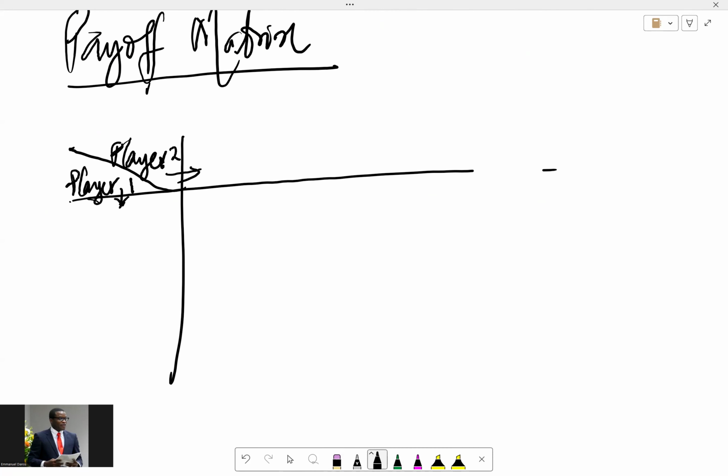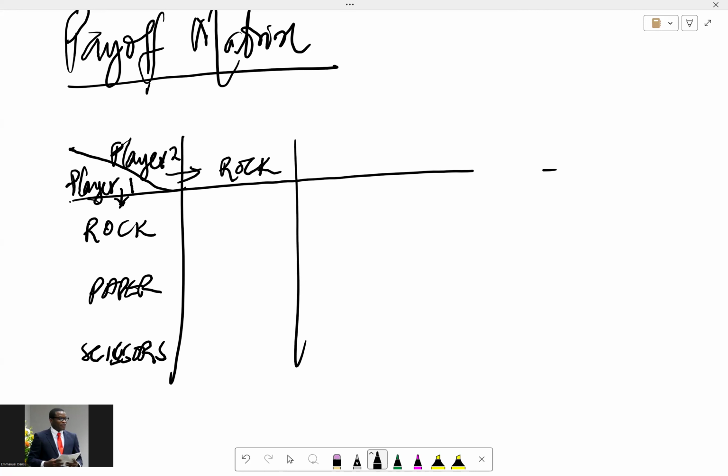Imagine this is rock for player one, paper for player one, and scissors for player one. Then again, you have rock for player two, paper for player two, and scissors for player two.